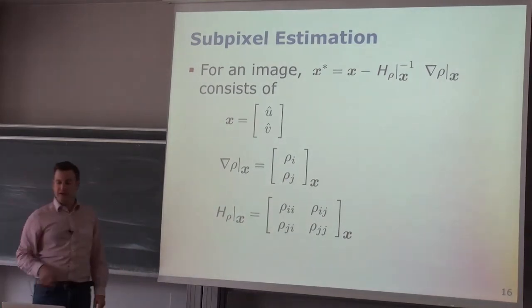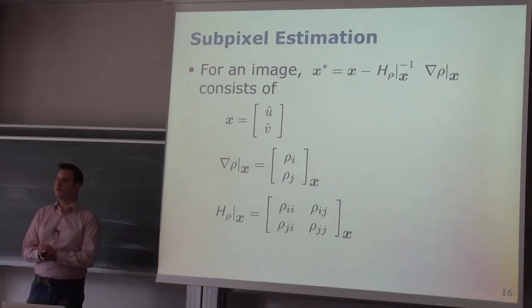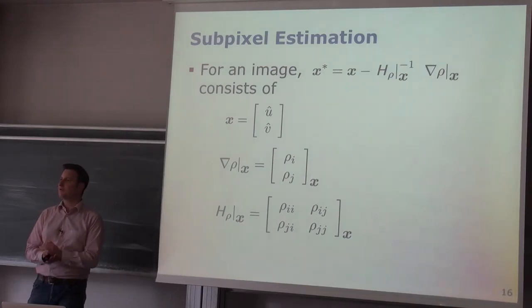And how to compute this is something that we did 2 weeks ago when we looked into local operators. We presented an operator, for example, the Sobel operator, which allows me to estimate the first derivative of my image function just by a simple convolution.